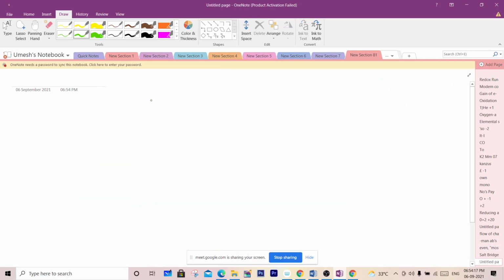Now, next is, in case we have made a zinc and copper cell, zinc is undergoing oxidation and copper is undergoing reduction. Why not reverse? Do you have any idea?